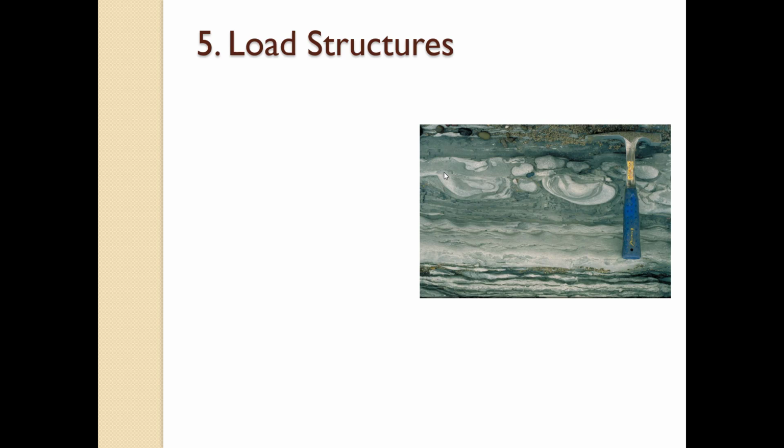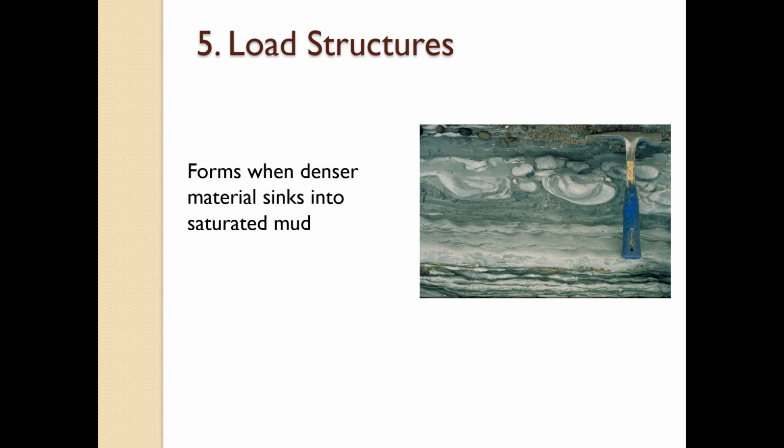So a load structure is created by something that is pushed and falls into or is deposited into mud. It forms when you have denser material, maybe it's a footprint even, or some heavier rock that sinks down and deforms the sediment below.